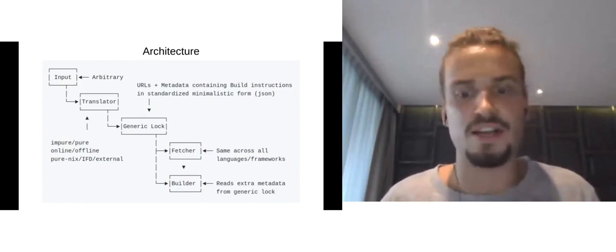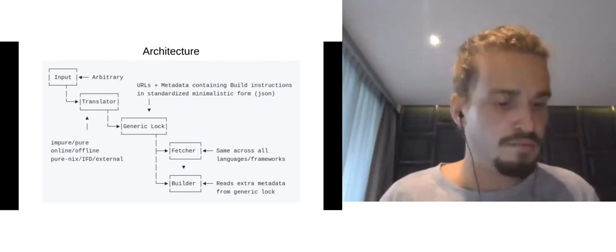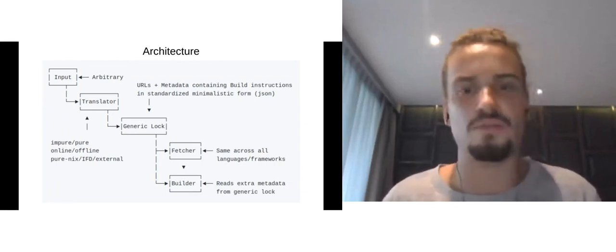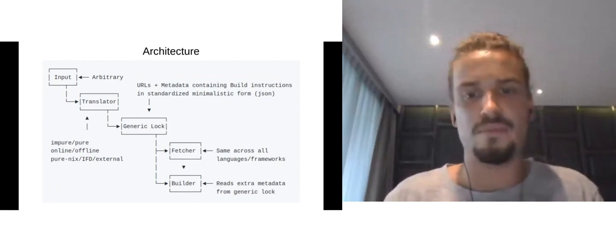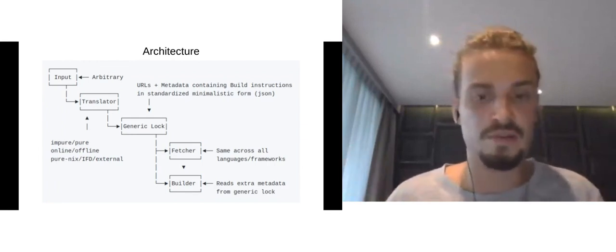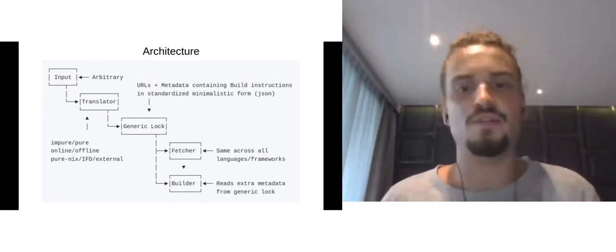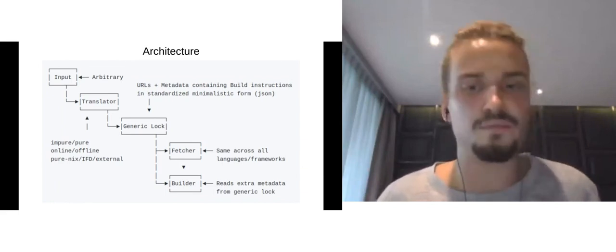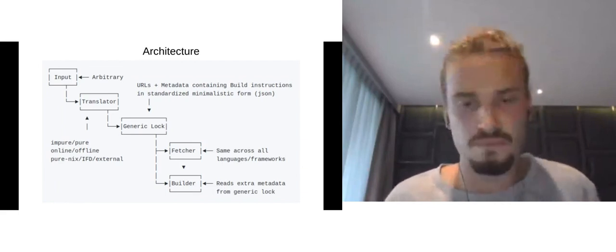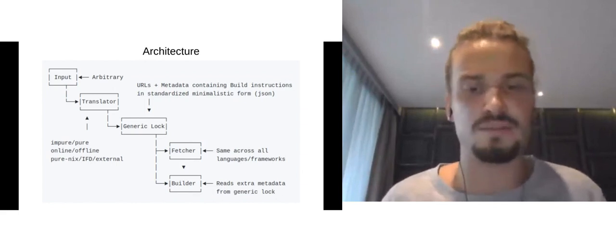This allows us, for example, to make some nice user interfaces for certain problems that happen. For example, maybe a hash is missing or a hash is outdated or whatever. We can solve problems in a standardized way.